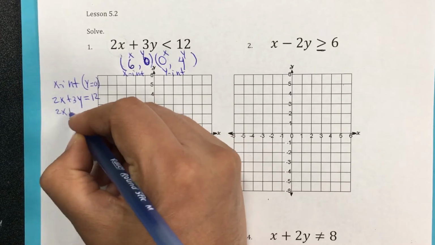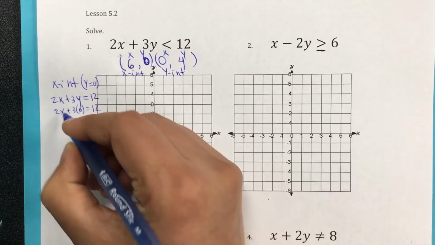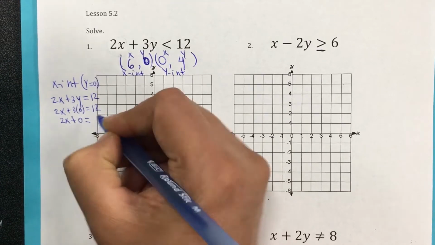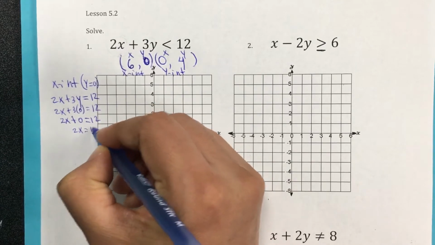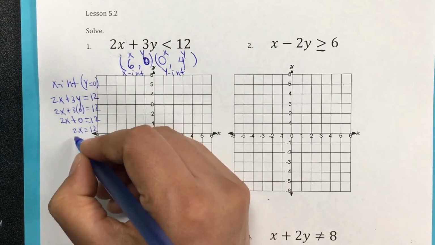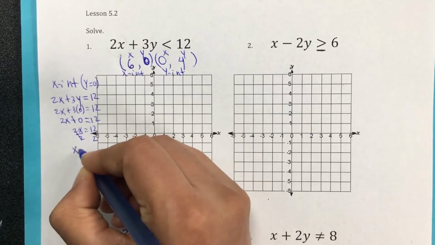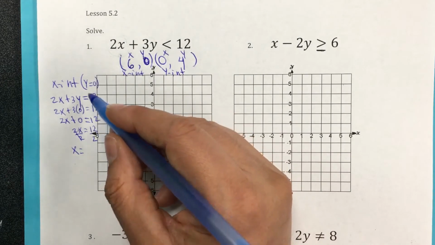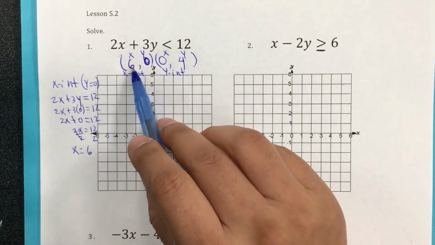So it's 2x plus 3 times 0 is equals to 12. 2x, 3 times 0 is 0, which is 12. 2x plus 0 is 2x, which equals 12. And then finally, if you're multiplying, the opposite is to divide. Okay? So ask your teacher if they want this process. Okay? 12 divided by 2 is 6, and that's where the 6 came from.